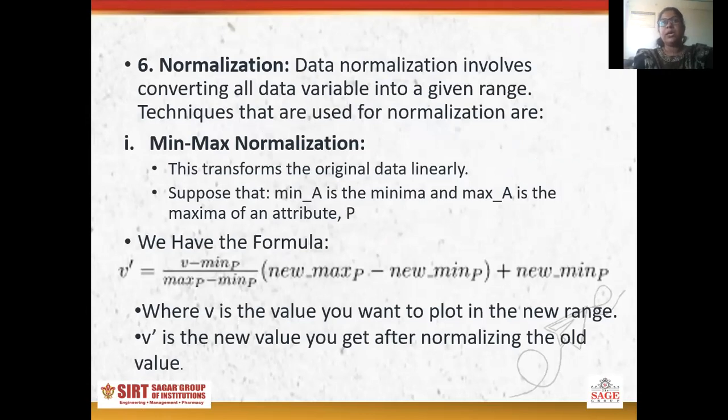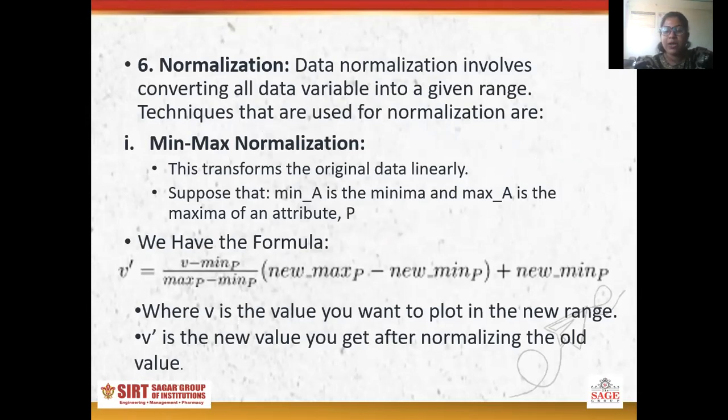Basically, when we get the data, it happens that the data is required to be scaled according to our need. For example, you all must have seen the map in your Atlas book, right?